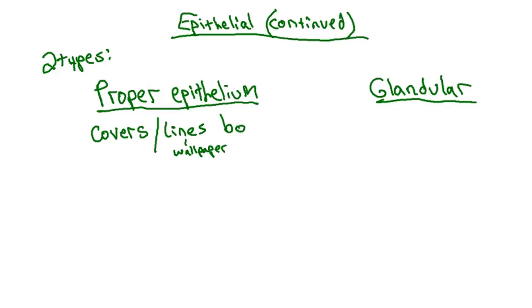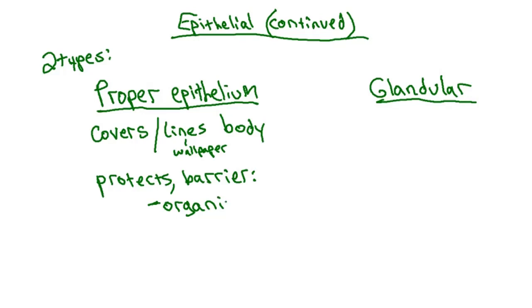It lines the body. It protects and creates a barrier that organizes things, that keeps your stomach as your stomach so your stomach contents don't just spill out into your guts. It keeps your stomach, and your guts, and your heart, and your lungs separate. It's just the membrane wall.